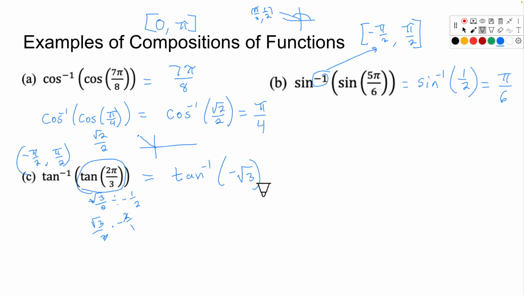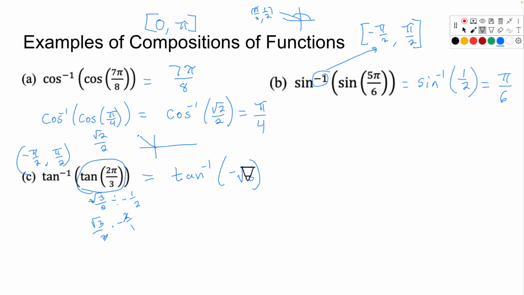Okay, so I did the inside part first. And now what's the inverse tangent of negative square root of 3? Where is tangent negative? First quadrant or fourth quadrant? Fourth quadrant, right? Because the x's are positive, but the y's are negative.